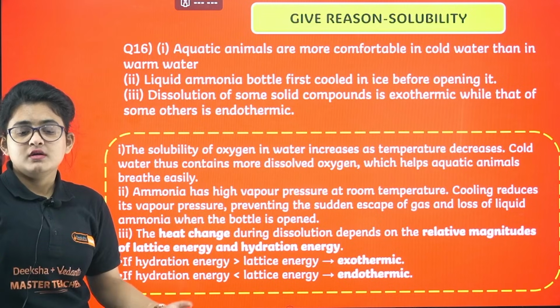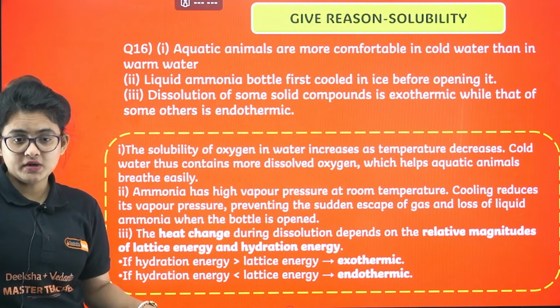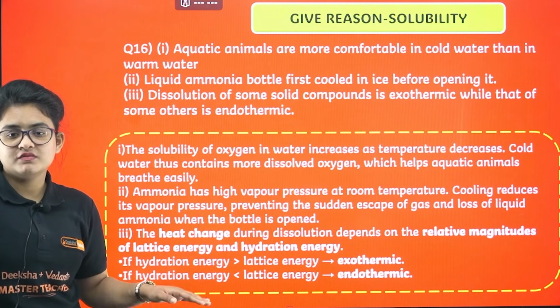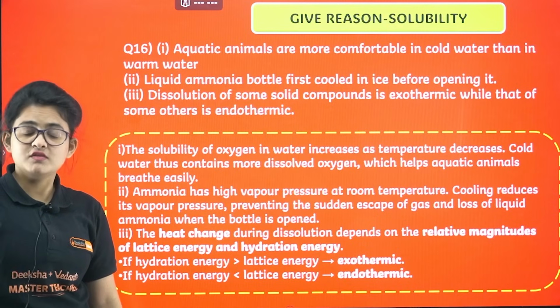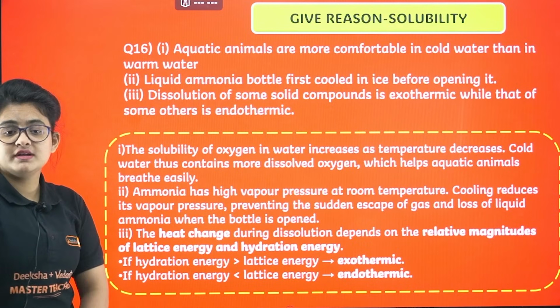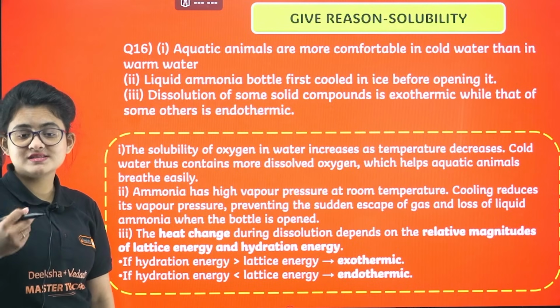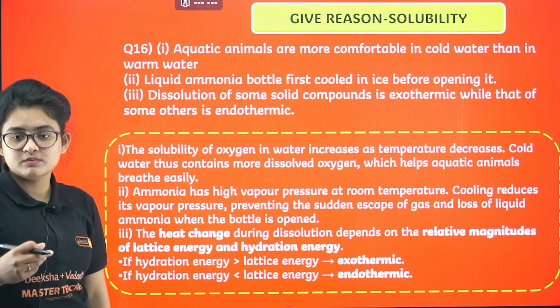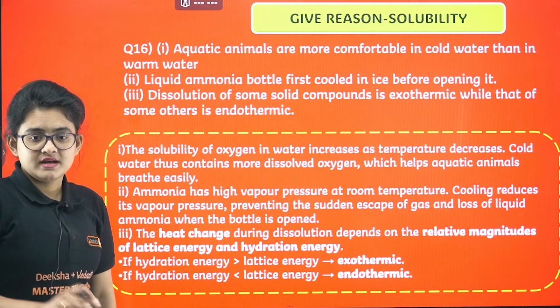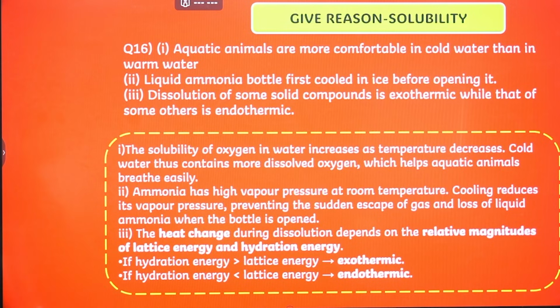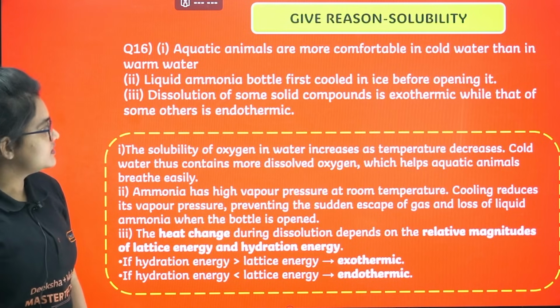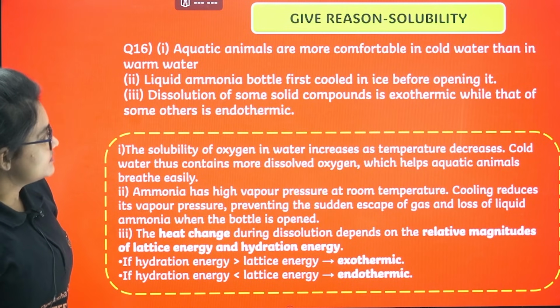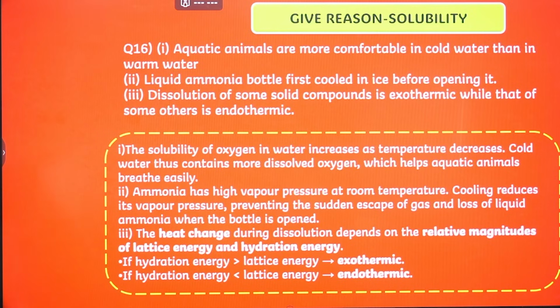If you cool it down, the vapor pressure reduces. Then whenever you open the knob, it prevents the sudden escape of ammonia gas. That's it.